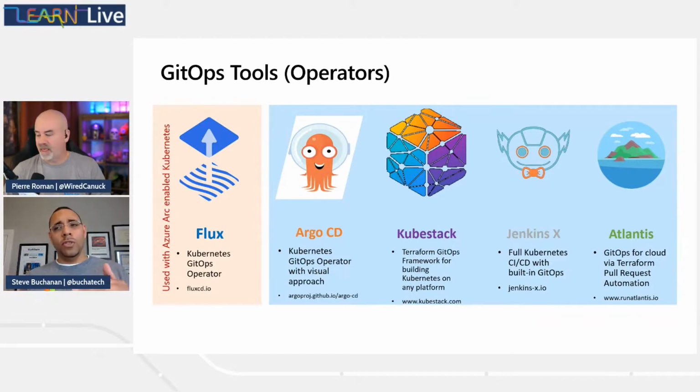So I don't want that misconception to be out there that if you're using Azure Arc enabled Kubernetes, you can't use a different GitOps operator. But it does use Flux, and Flux is built right into Azure Arc enabled Kubernetes, right in the Azure portal. Let's go to the next slide.